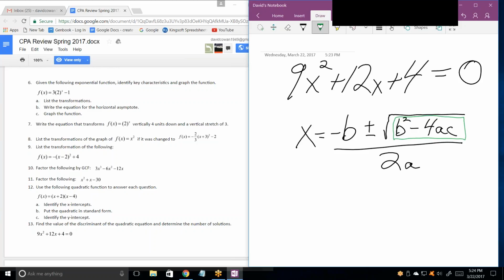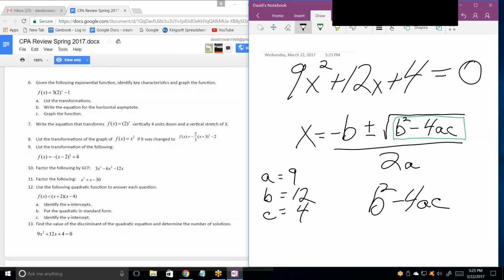Now, the part that is under the radical sign is b squared minus 4ac. First of all, tell me what a, b, and c are for this particular quadratic. A is 9, B is 12, C is 4. Now, tell me what b squared minus 4ac is. The best way to do this is just to plug it in. Don't try to do the math at any point.